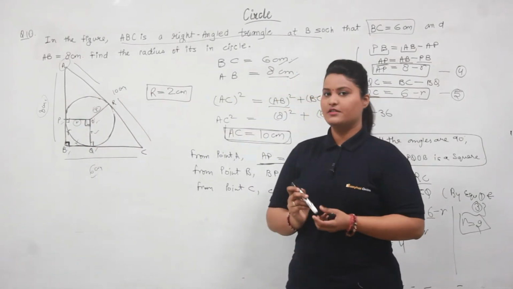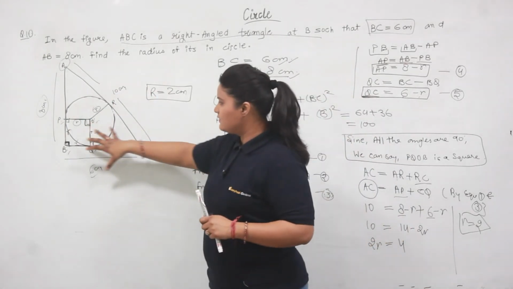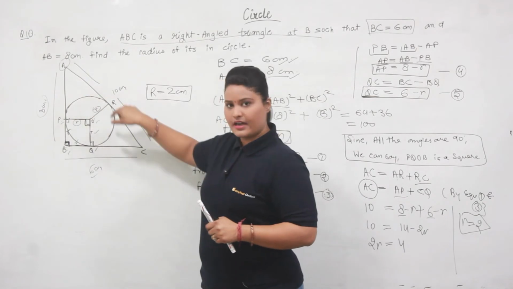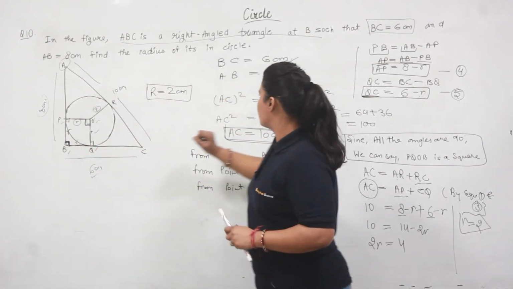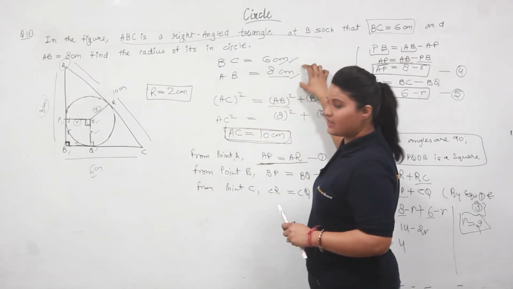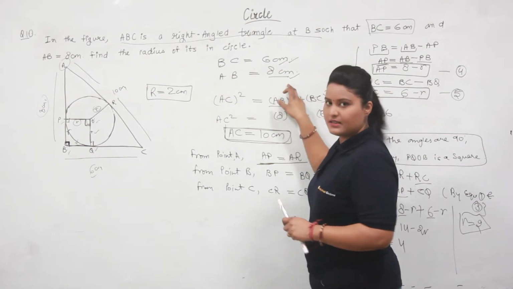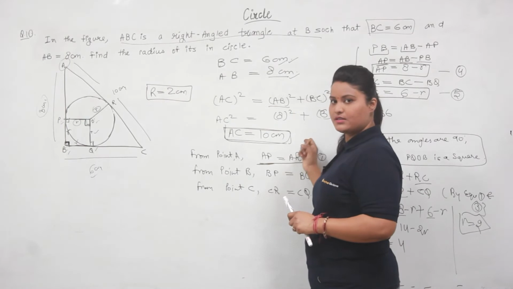What I have done over here, just look once again. There is a circle which is the incircle of the triangle and the triangle is a right angle triangle. So first of all, the lengths of two sides are given. BC is given and AB is given. So I have to find out the length of the third side using Pythagoras theorem.